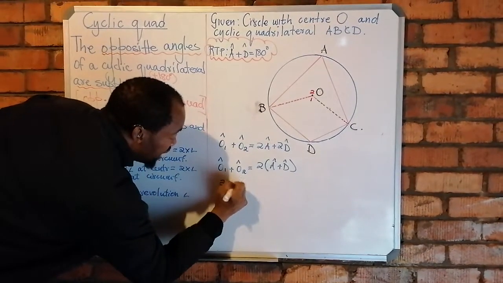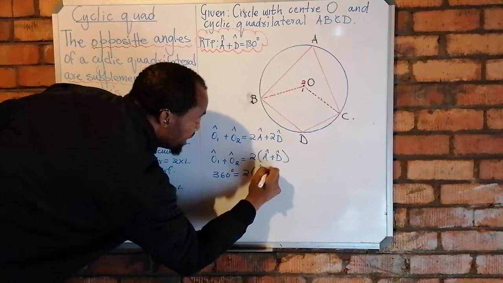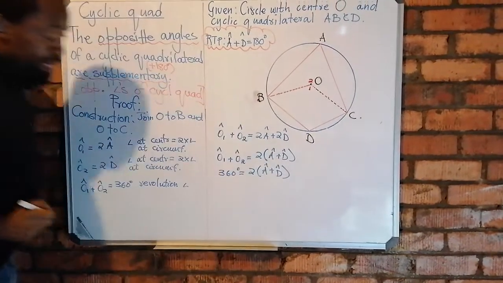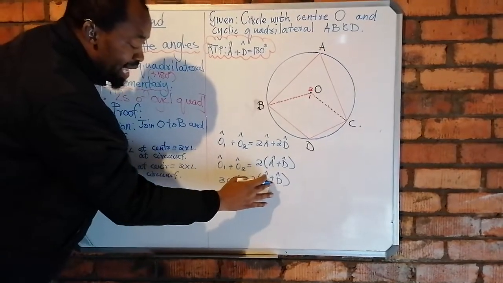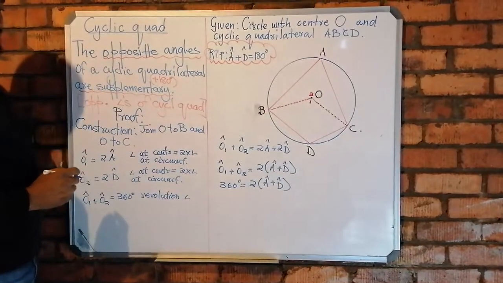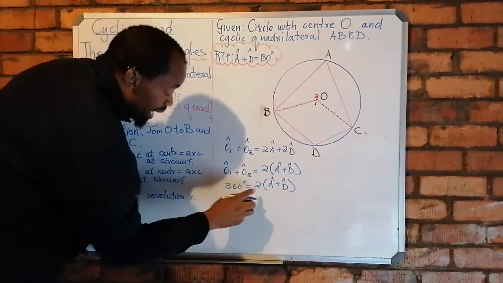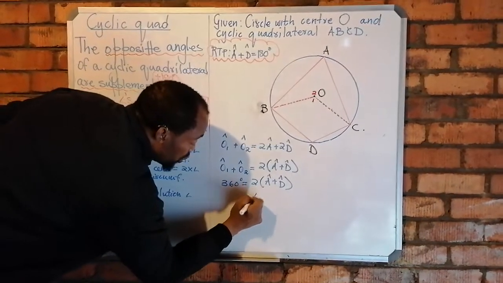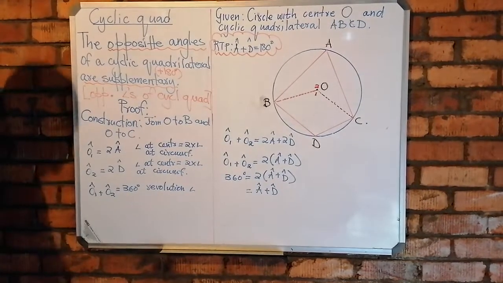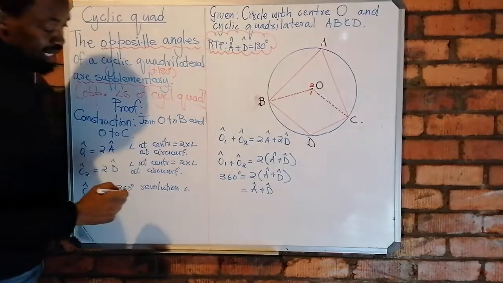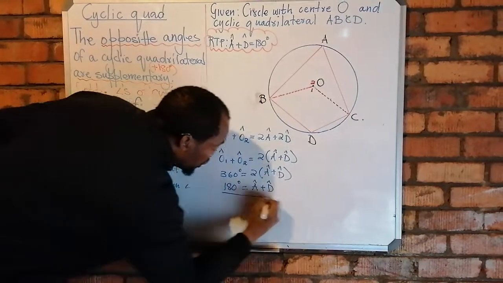I'm going to put that there, which is equal to twice angle A plus angle D. From here, because I want to make A plus D, those two angles, the subject of the formula, I'm going to divide both sides by 2, and 2 goes once into 2. You must remember to put angles there. 360 degrees has got 180 degrees twos.